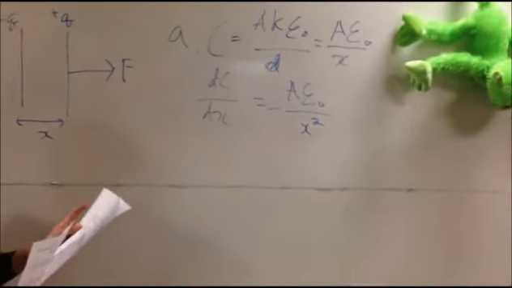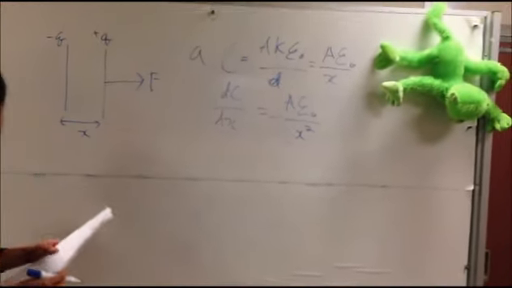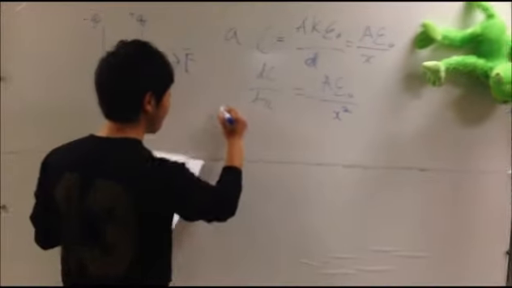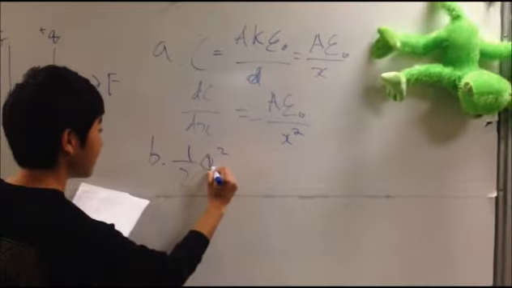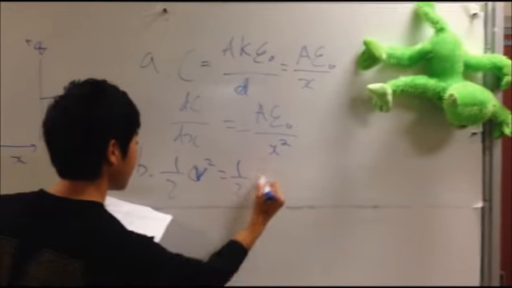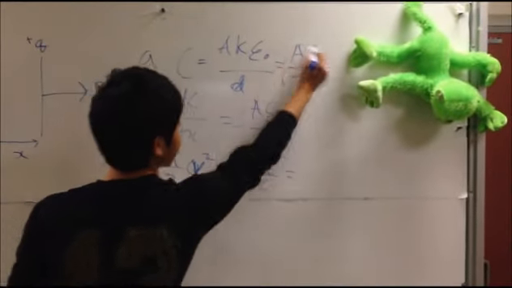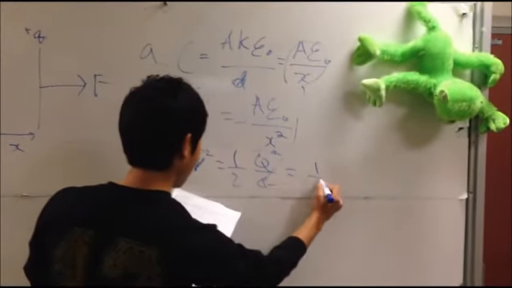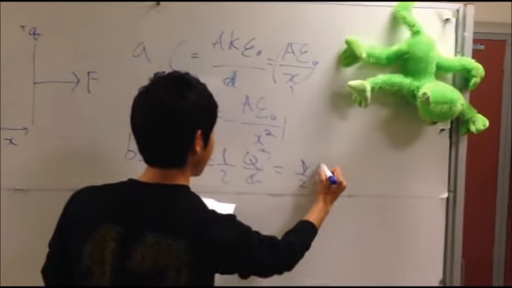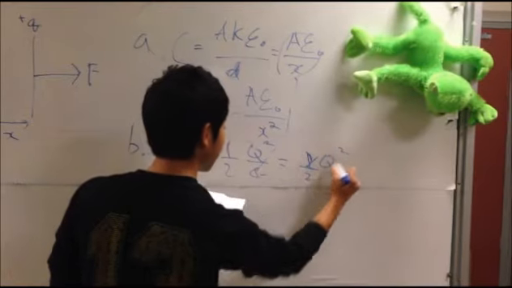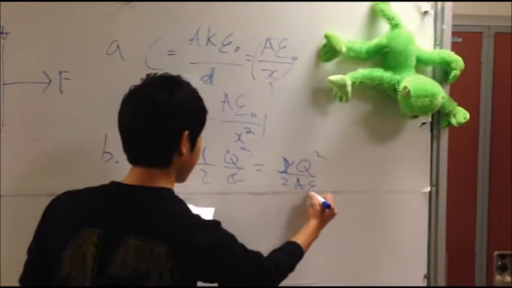And B asks, determine the change of stored energy in the capacitor as x increased by dx. So, energy is 1/2 CV squared, or 1/2 Q squared over C. So we can plug C into here, so we get x Q squared over 2 A epsilon naught.